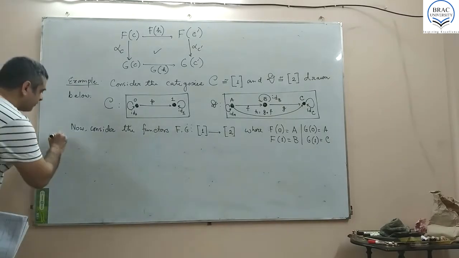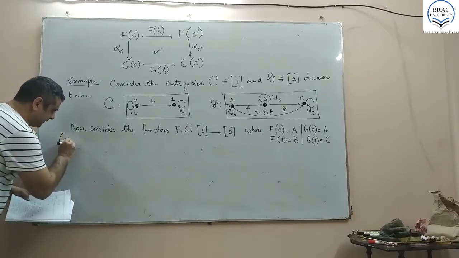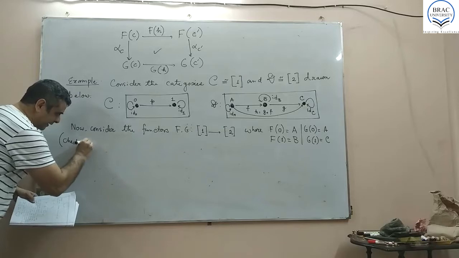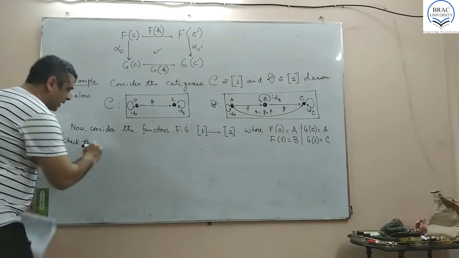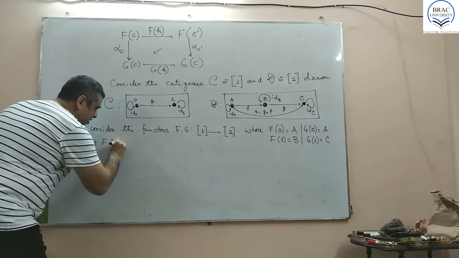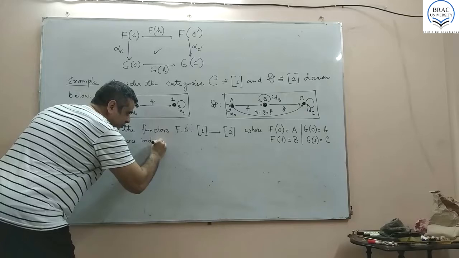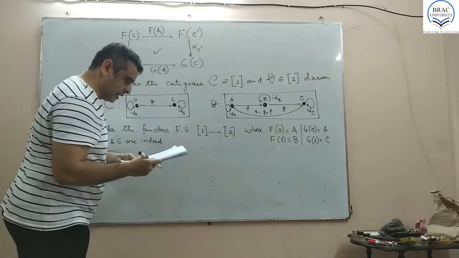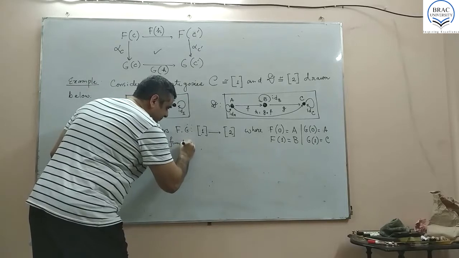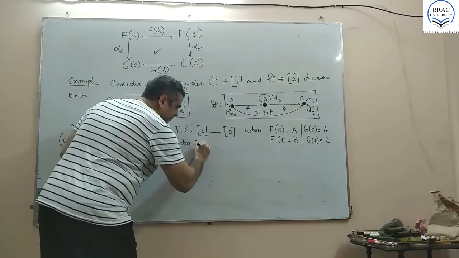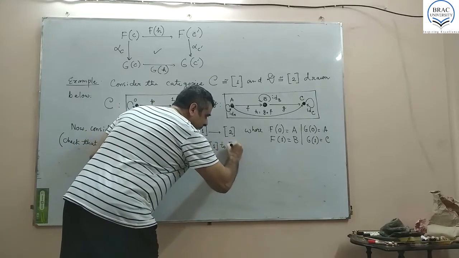Now I give a very simple exercise to you to check that F and G are indeed functors from 1 to 2.